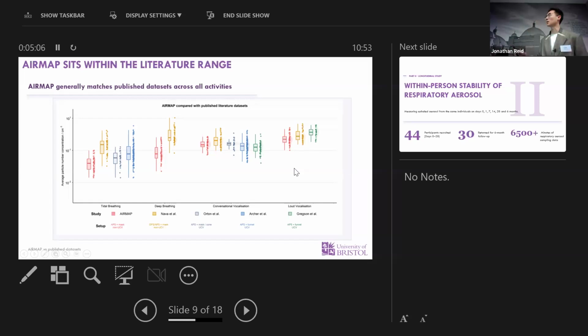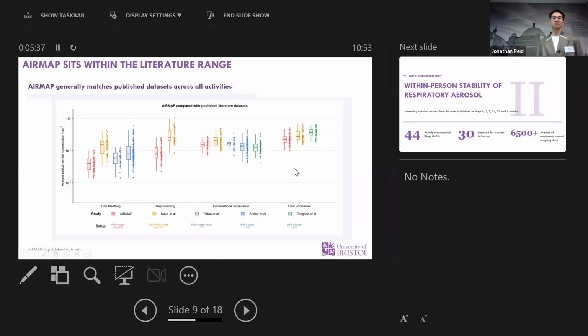Noticeably, the data acquired by Nava, which used a setup with mask plus single filter in a non-UCV environment, is significantly higher than our result, which makes sense because we have tested that one filter with the mask can be easily overwhelmed by background aerosols, and it's very susceptible to high flow rate.